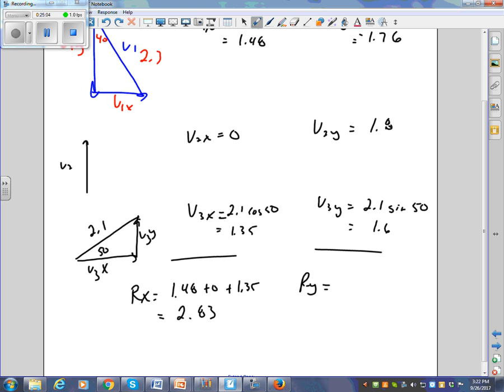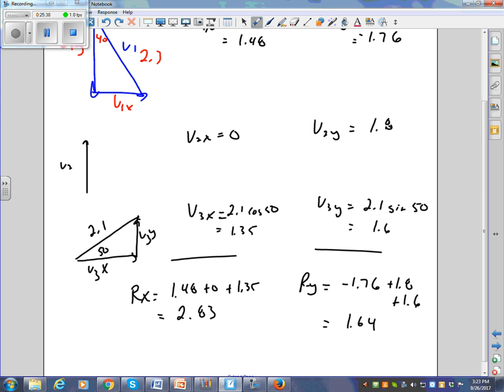And Ry is going to be minus 1.76 plus 1.8 plus 1.6, which is 1.64.